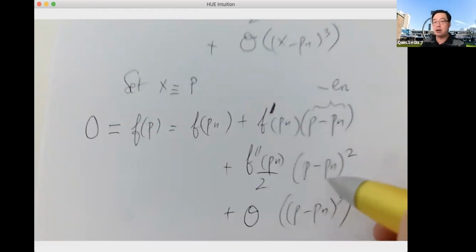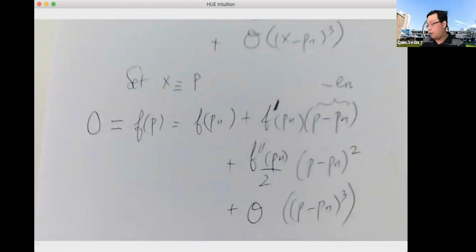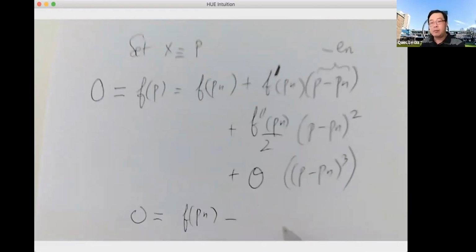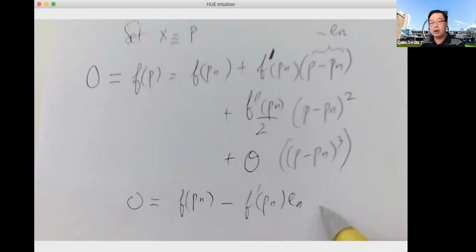So I write 0 equals f(Pn) minus f prime(Pn) En, plus f double prime(Pn) over 2 En squared, plus something of higher order.